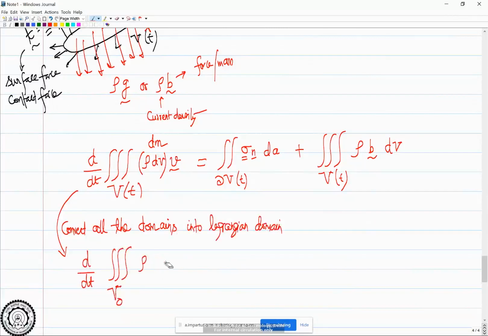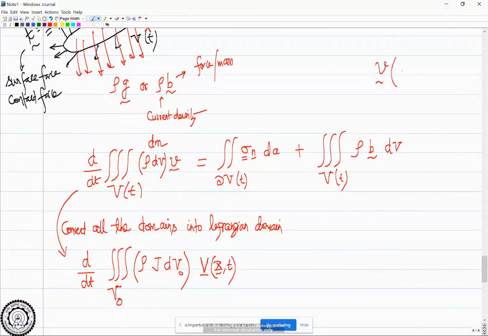Okay, so dV becomes J into dV naught, and then you have velocity v, but I will now call it capital V. Capital V just means it's the Lagrangian velocity, which is a function of big X, comma t.